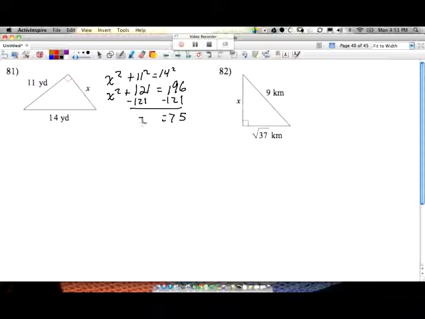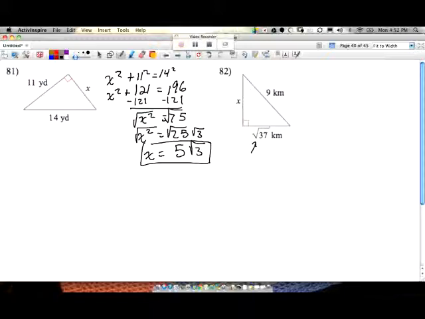Easy enough, that gives me 75 equals x squared. This does break down, not too hard. 25 and 3 will multiply to equal 75. And 25 is a perfect square, changes to 5. So x equals 5 root 3. That fast, that easy.